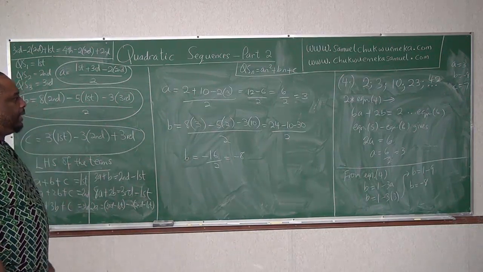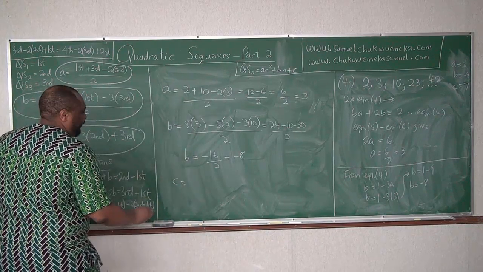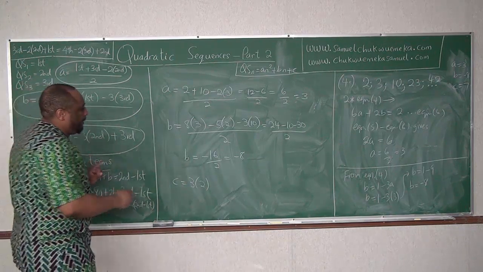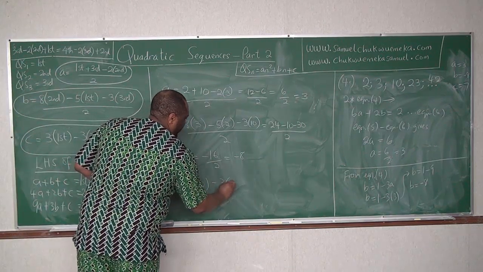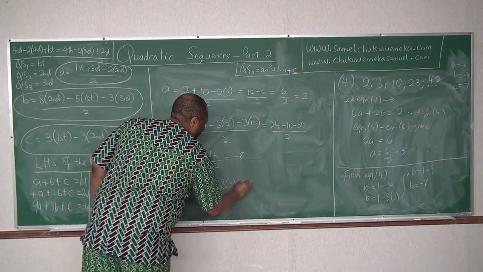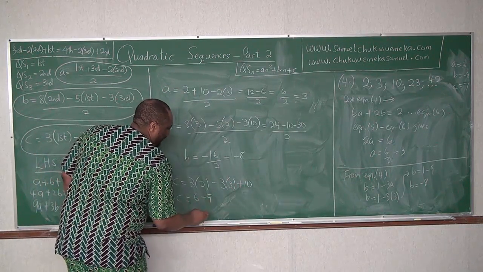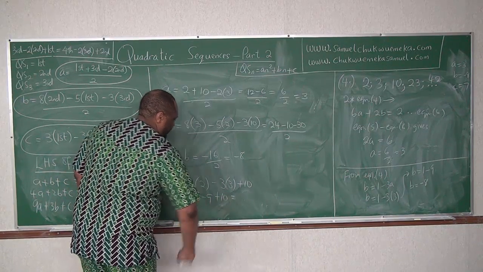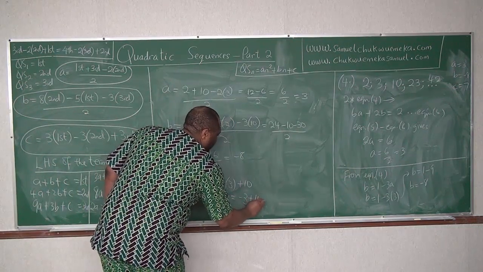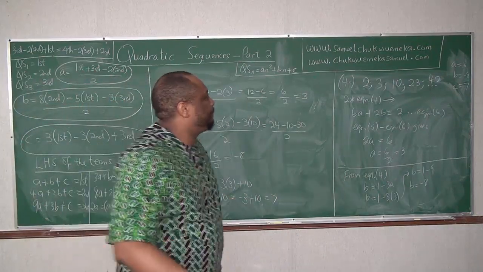Then C is 3 times 2 minus 3 times 3 plus 10. So this gives C as 6 minus 9 plus 10, which is minus 3 plus 10, which is 7. Thank God, it's correct.